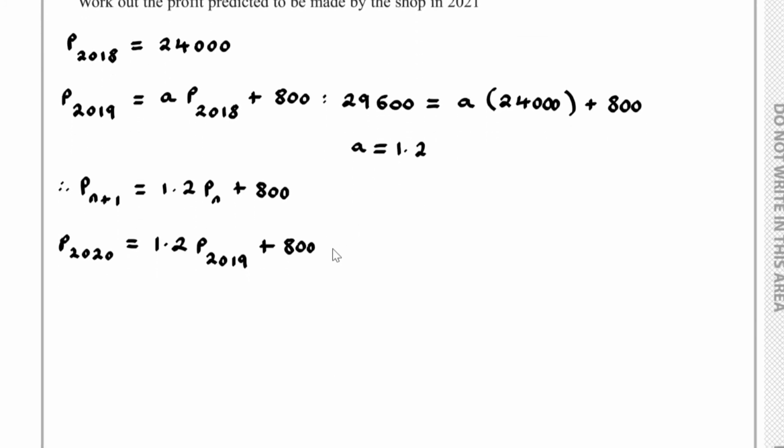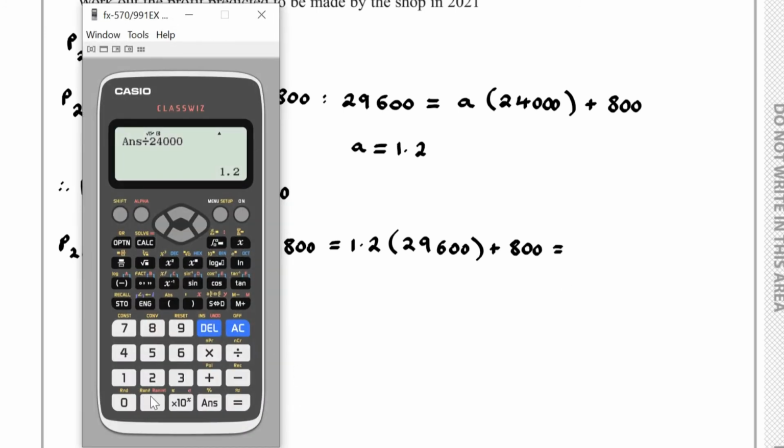So if we work this out, I've got 1.2 multiplied by the profit in 2019, which is 29,600 plus 800. So let's work this out. Well, if I type in 29,600 and then 1.2 times this plus 800, it turns out the profit in 2020 is equal to 36,320.